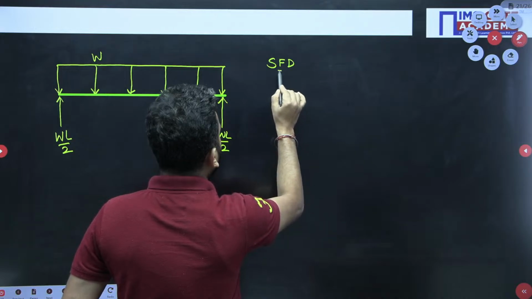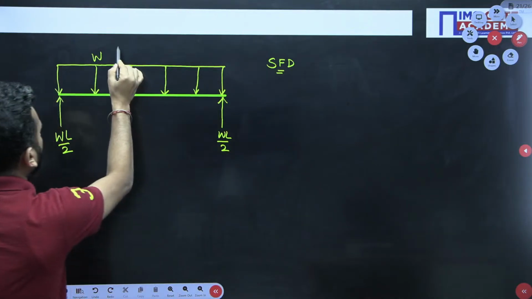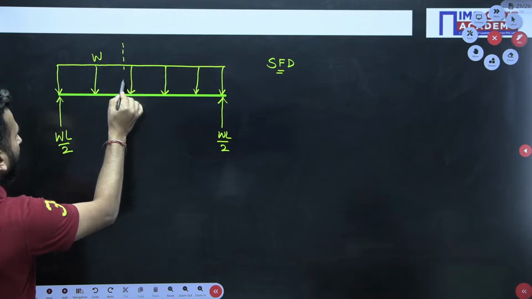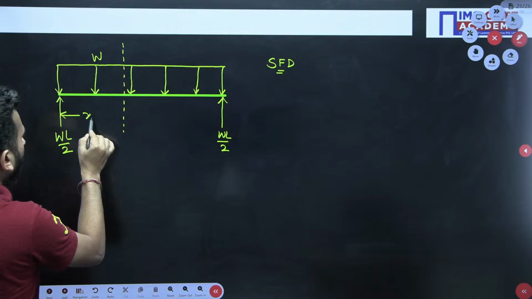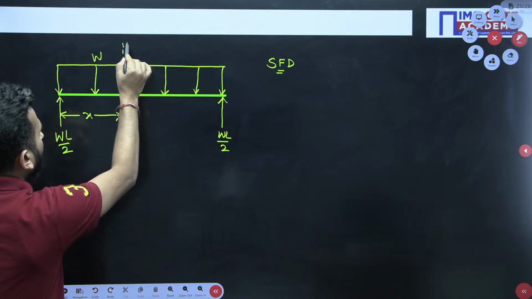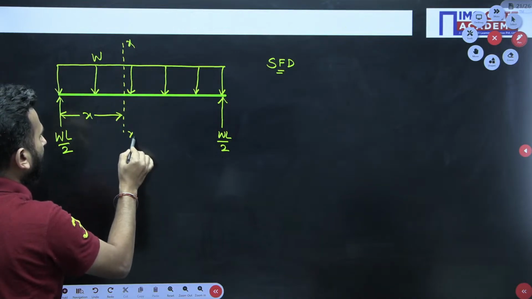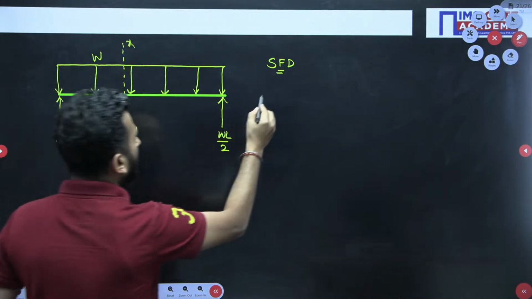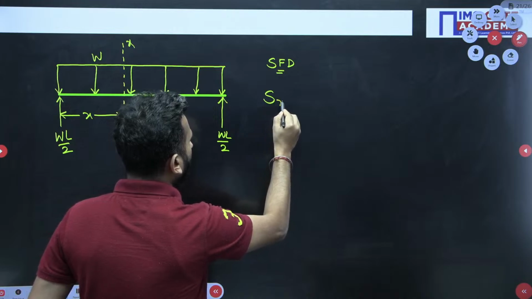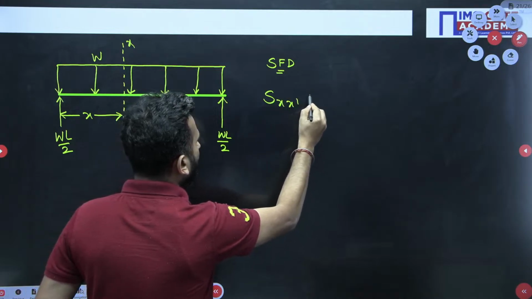So for writing the equation, what was the step? The step was that at any distance x, let's say at the section xx dash, I have to write the equation. So what is the shear force equation at section xx dash?